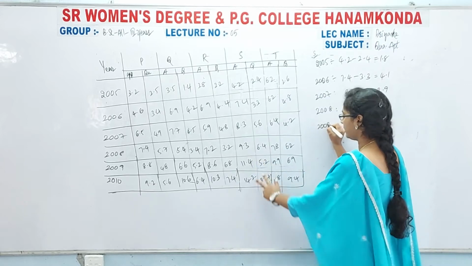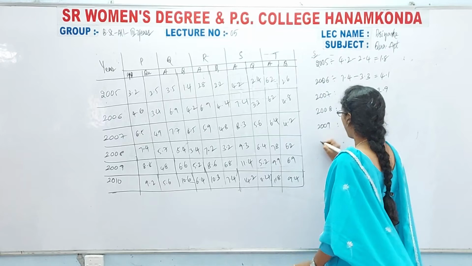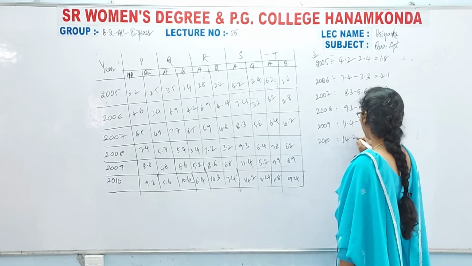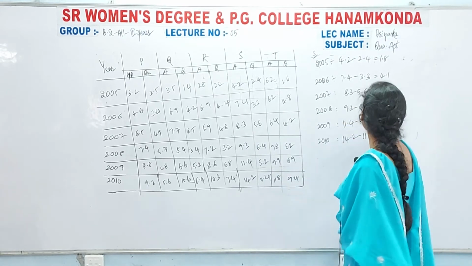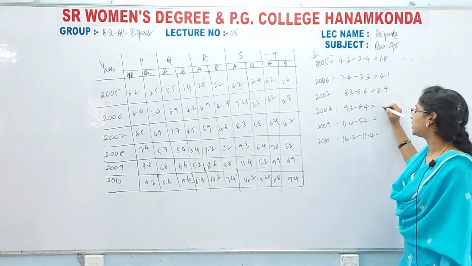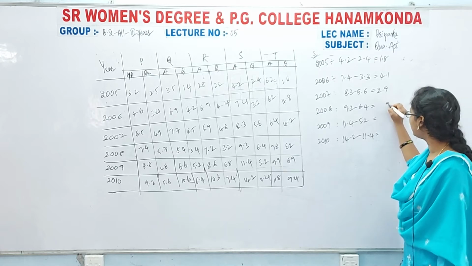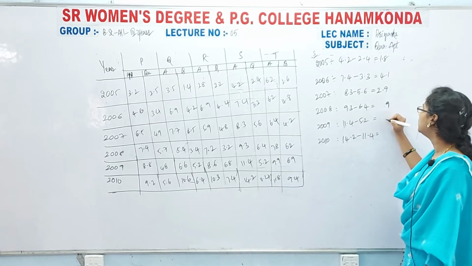In 2009, 11.4 minus 5.2, and 2010, 14.2 minus 11.4, that's it. So now here 9.3 minus 6.4 means 13 minus 4, that is 9, right?